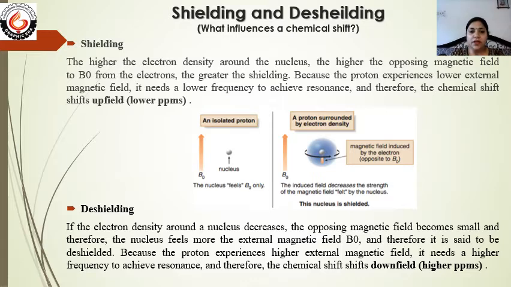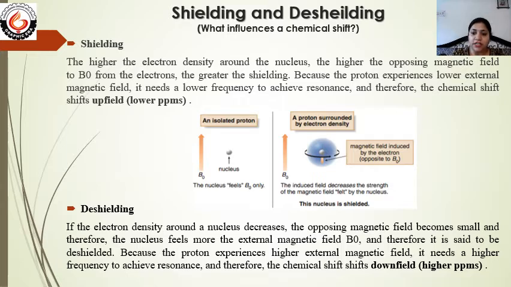So here first is shielding. The higher the electron density around the nucleus, the higher the opposing magnetic field to B0 from the electrons. So obviously if the electron density around the nucleus is more, the magnetic field felt by the nucleus will be less, because the electrons act as shielding material.